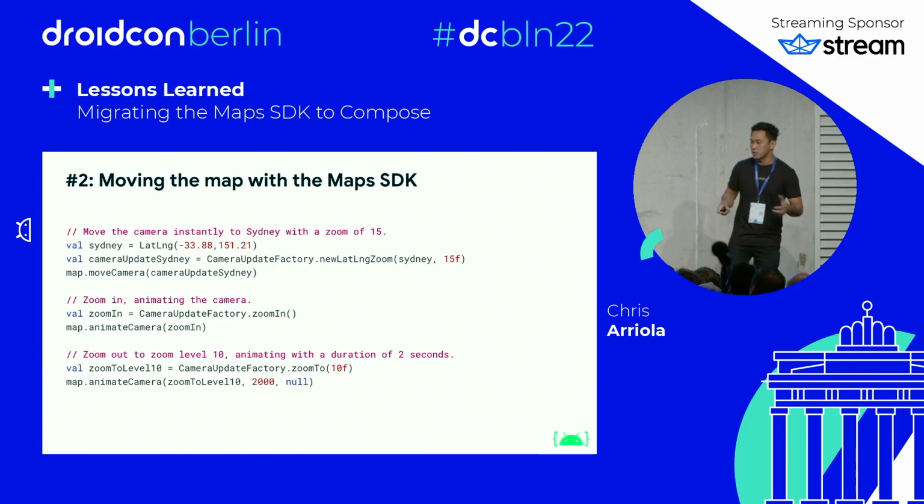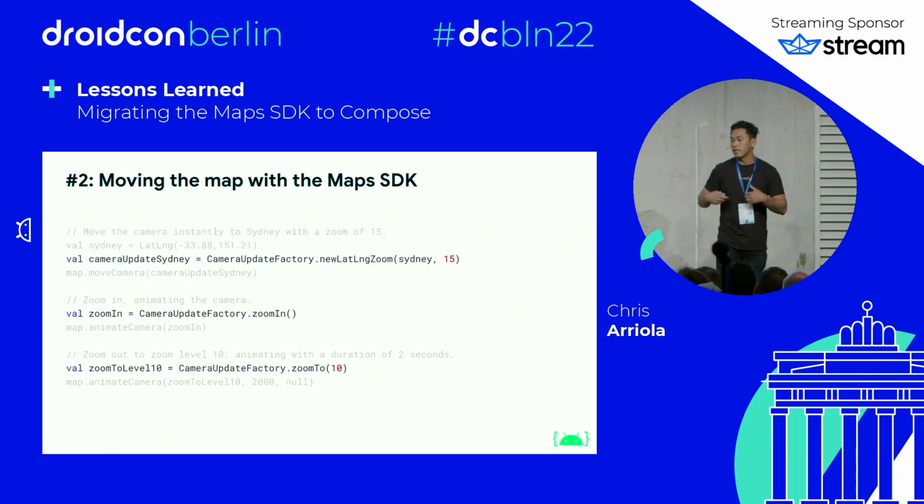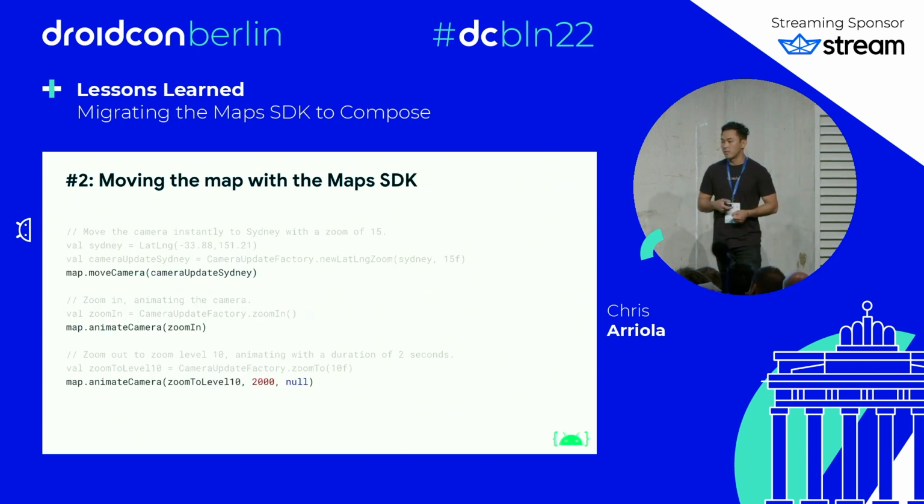And one way this principle manifested is through updating the camera position. To update the camera position on the Maps SDK, you would create a camera update object from the camera update factory class. And then you would pass that object to the map by calling either move camera, or if you want to animate the camera position, you call animate camera.